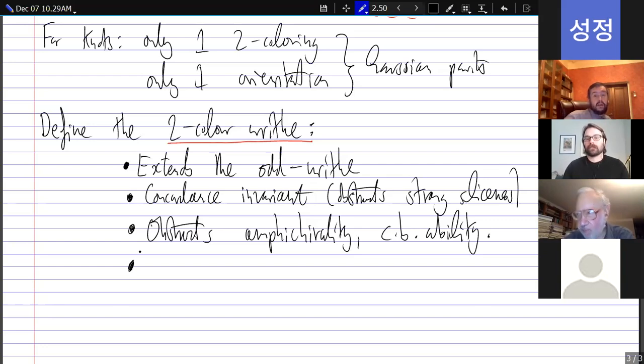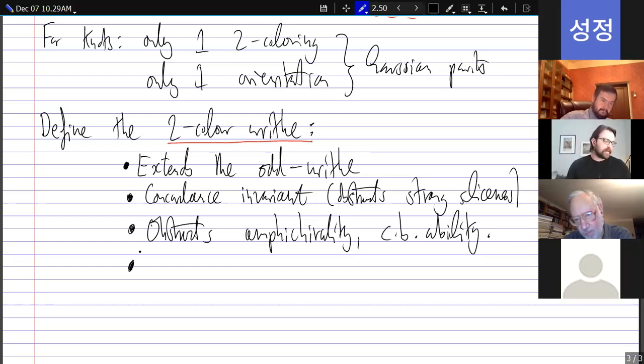So I wonder whether you can do the same for links for two colors. So just look at my L invariant and try to do it for two colors, whether you can get signs. Yeah, I think that's really interesting.